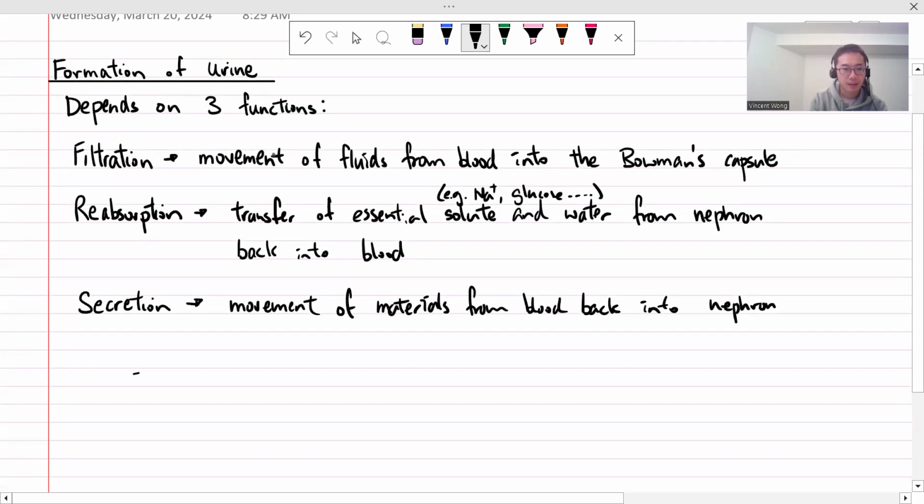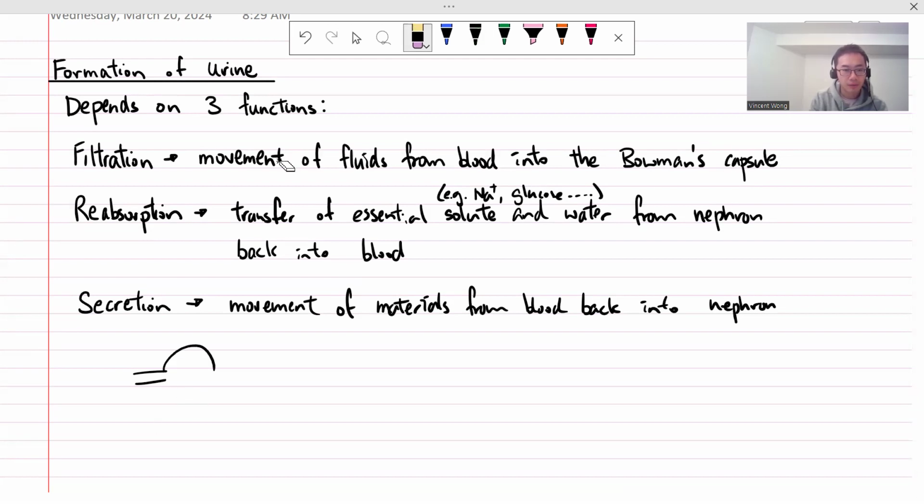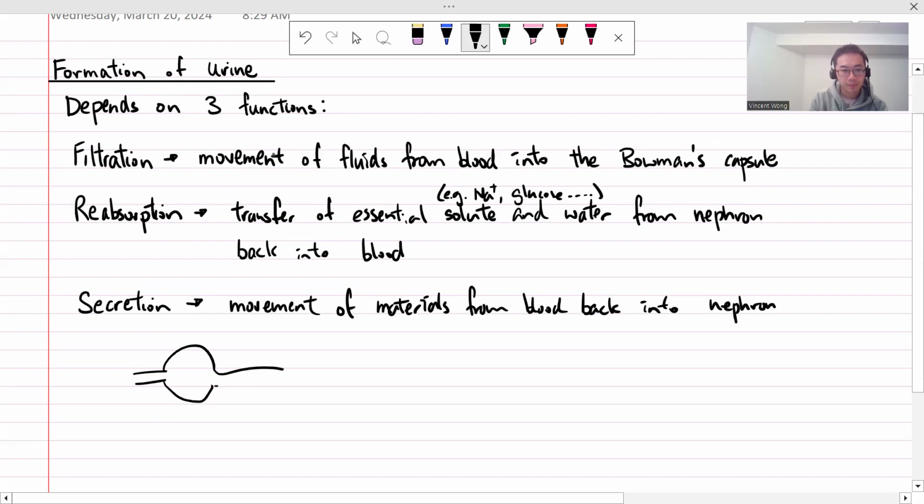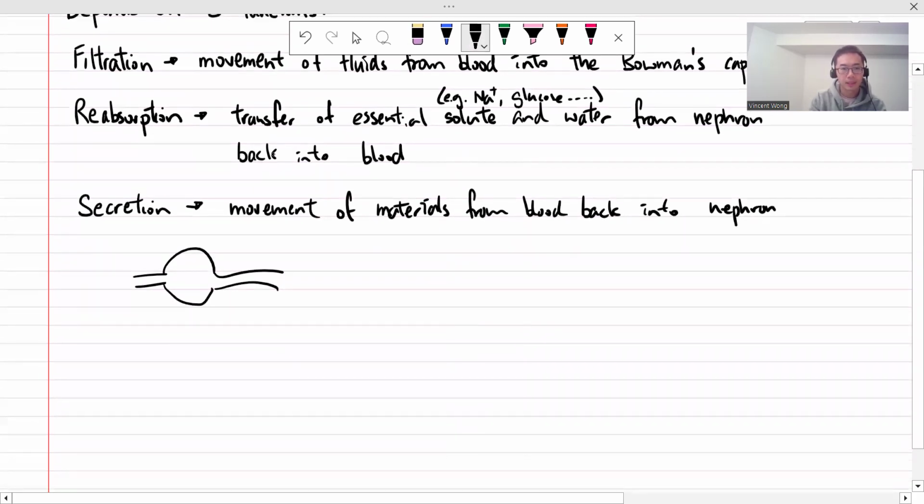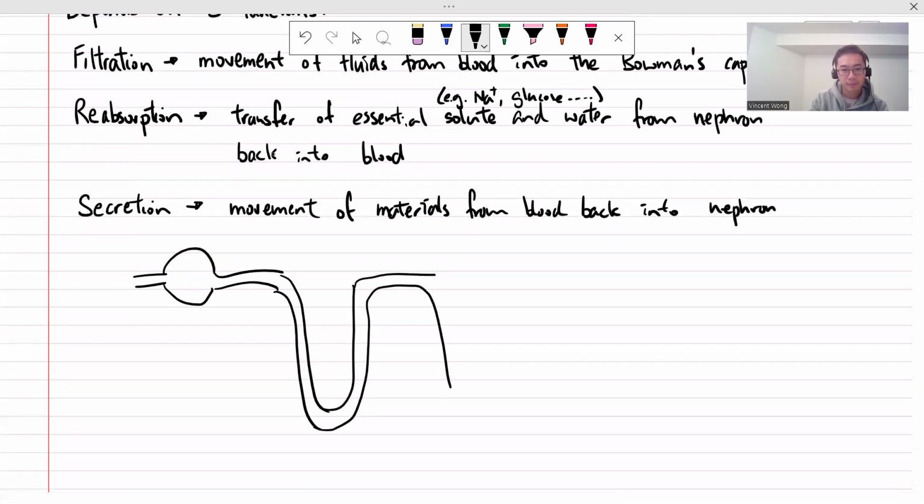You're going to have your nephron right here. This is your nephron. And I hope you remember the parts. This is the Bowman's capsule, proximal tubule, loop of Henle, distal tubule, and what's this last part called?